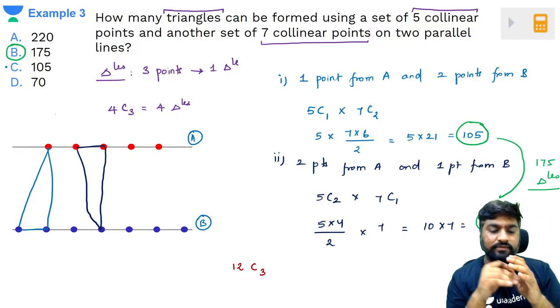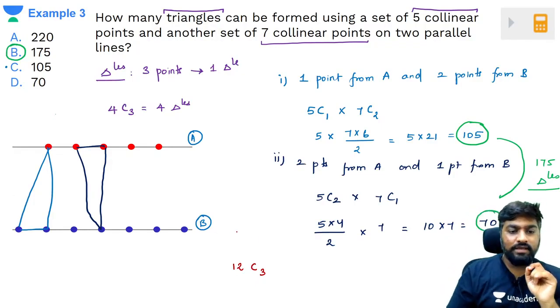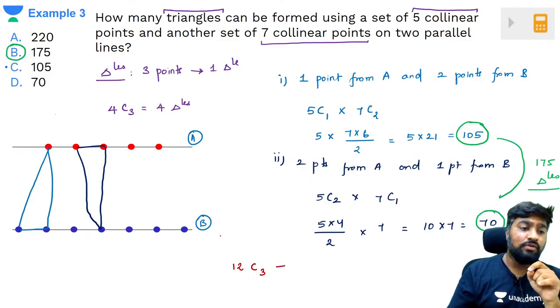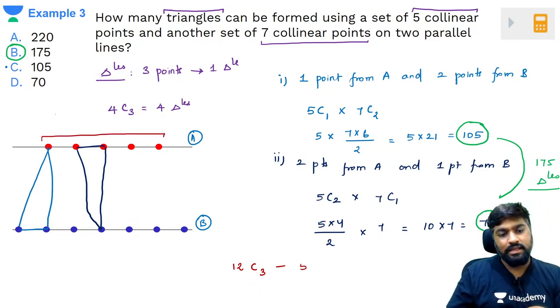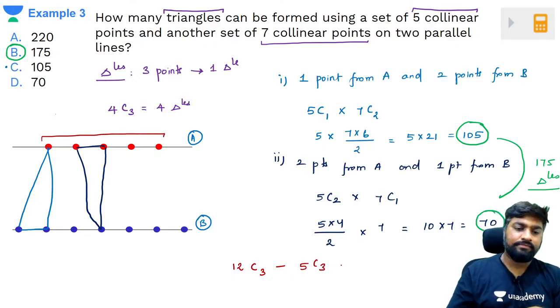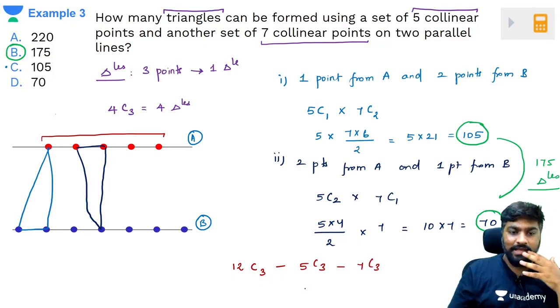Out of this, all I have to do is remove the groups of 3 that can be formed using the 5 points on A, and groups of 3 that can be formed using B. If I remove that, I'll get the remaining. That will give me the number of triangles.